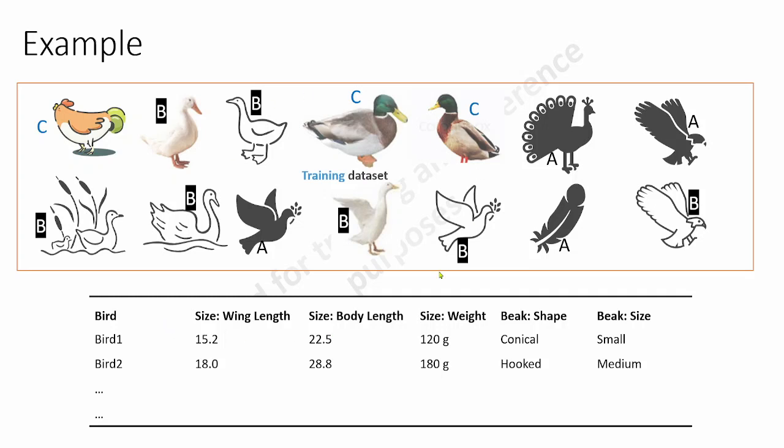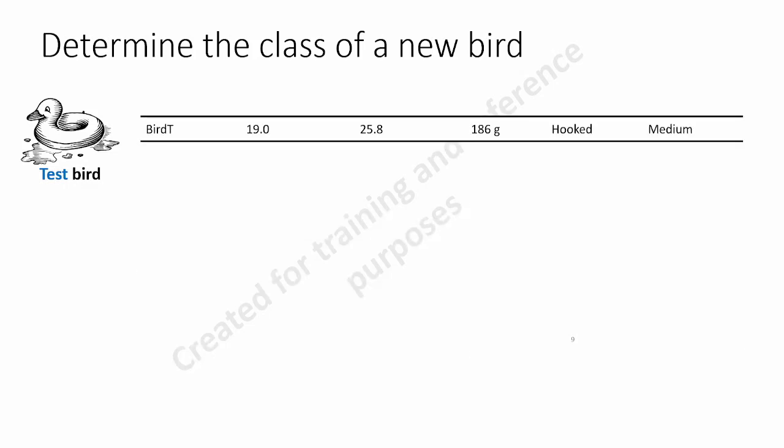So you can define each bird in terms of the values here. Now let's say we have a test bird and you want to know whether the test bird belongs to type A, B, or C. The specification for the test bird is also given here. We need to predict the class of this test bird.